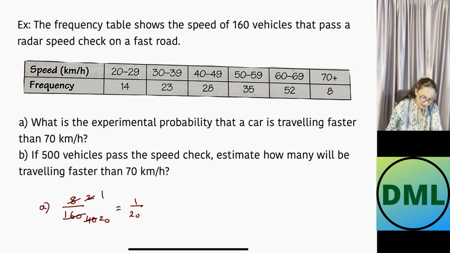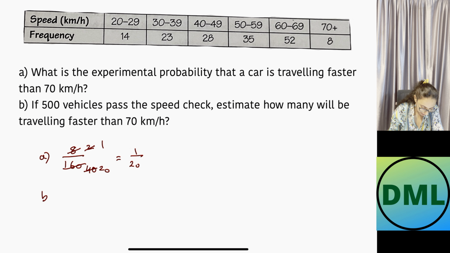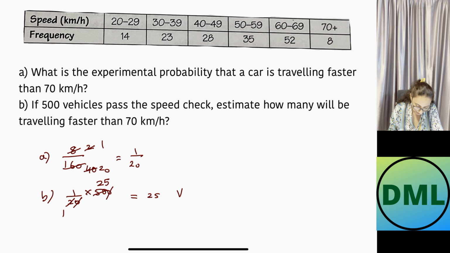I'll write my answer as B part. Experimental probability is 1 by 20 and it should be multiplied by 500 because there are 500 vehicles. 0 will get cancelled with 0 here. 2 1s are 2, 2 2s are 4 and 1 25. My answer is 25 vehicles. That will be your answer.